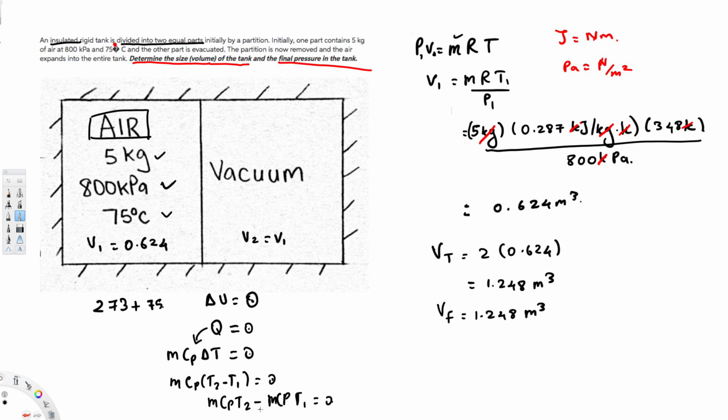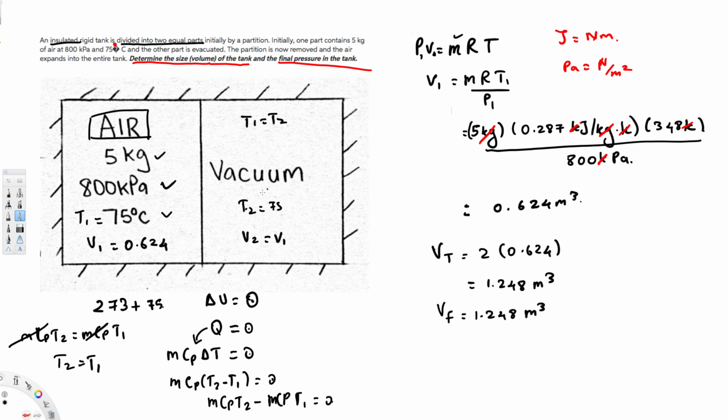And if I bring this to the other side, mCp T2 is equal to mCp T1. So from this one we can derive T2 is equal to T1, right? So the temperature is going to be same in both of these.